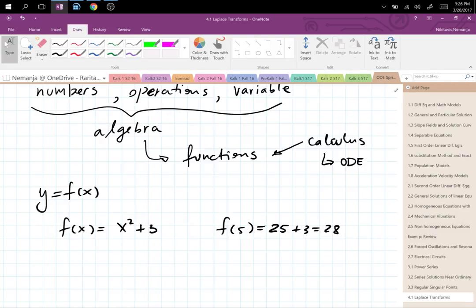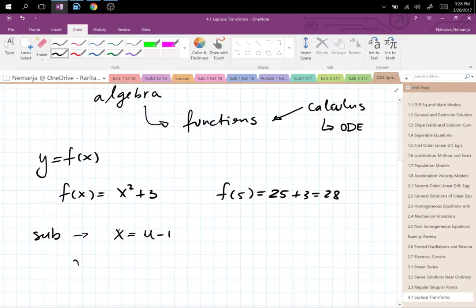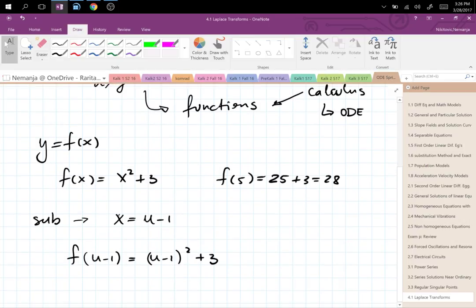Now what I can do is substitution. Let's say x is equal to u minus 1, then f of u minus 1 now is (u minus 1) squared plus 3. This is substitution. Now if you observe, the function will change, right?